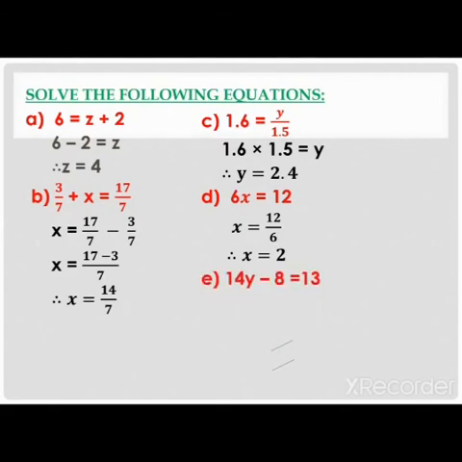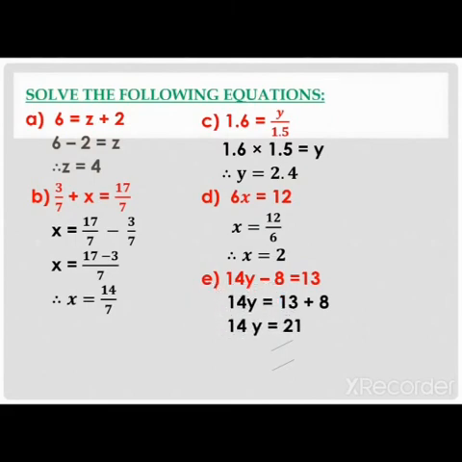Next question is 14y minus 8 equal to 13. Now what is the tip? One side is variable, another side we have to put constant. So 14y equal to 13 plus 8. 14y equal to 21.